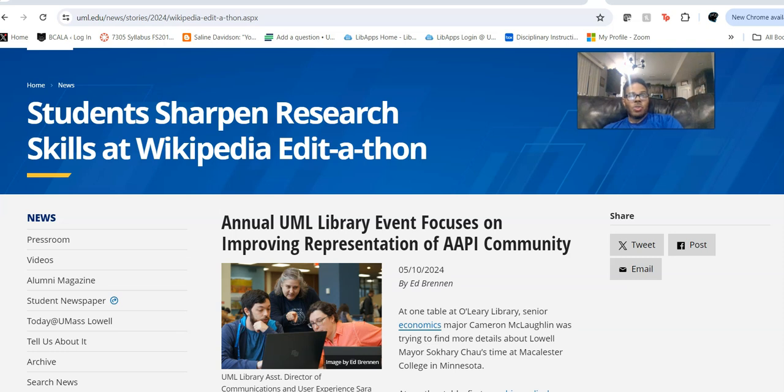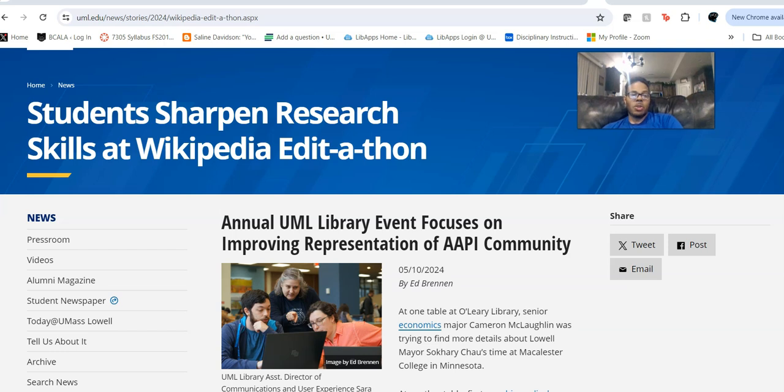Because when you're trying to answer a reference question and you know absolutely nothing about what the patron is talking about, and I've been there, those rabbit holes, those links, especially if you right click and open in a new tab, can give you a lot of background information and a lot of vocabulary to plug into your OPAC or your database, to bring back the returns to get the sources of information that actually will be useful to your patron, okay?